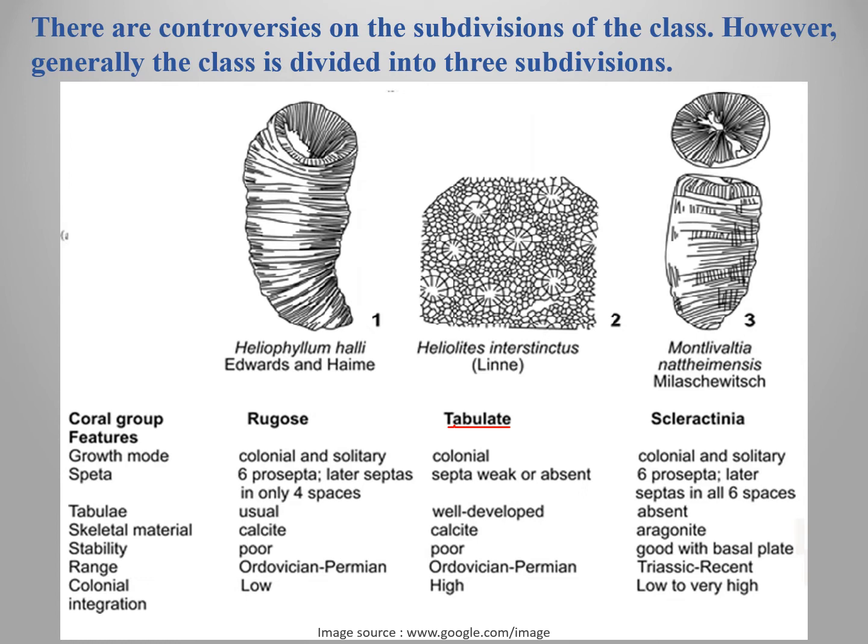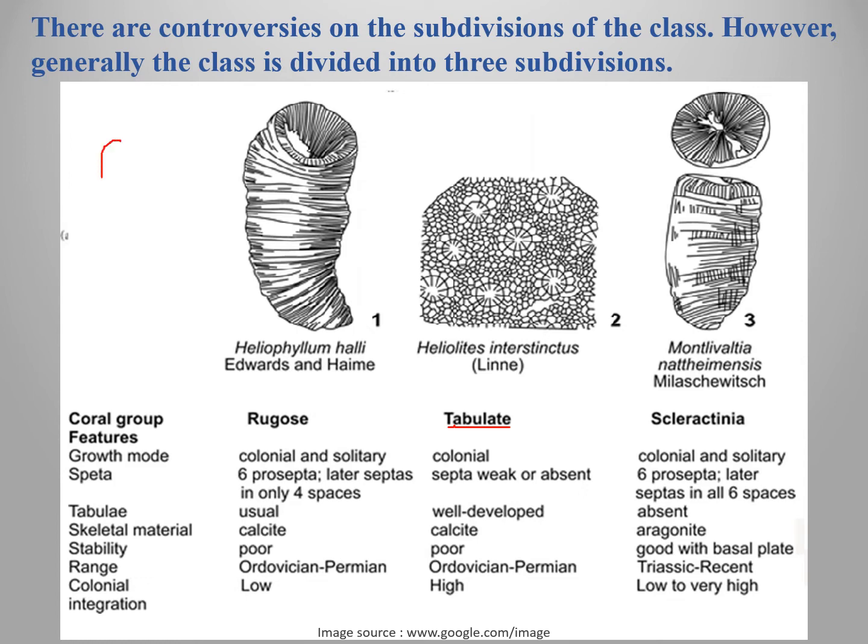Rugose corals have well organized septal arrangements with six primary septa, and among these six primary septa, one is cardinal, one is counter cardinal, two are alar septa, and two are counter lateral septa. So all these six septa are found to occur within the rugose corals.